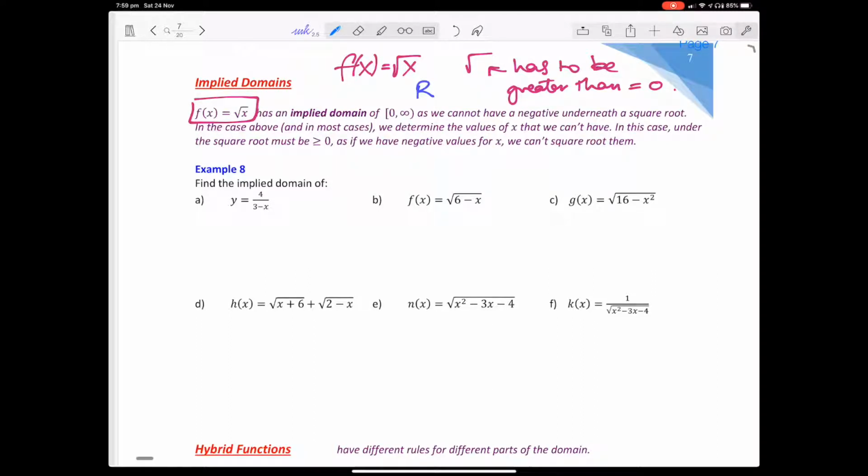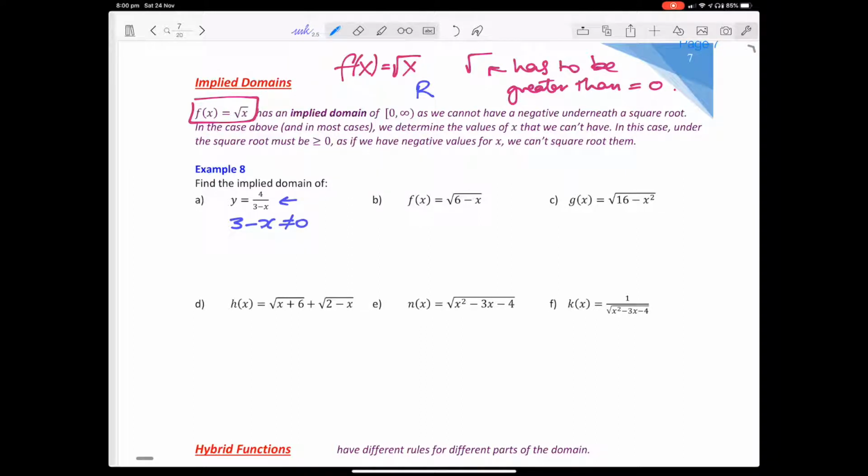Generally what we do when we want to find an implied domain is we find out what we can't have, and then we know what we can use. Now you would have seen a little bit of this before, but if I've got a hyperbola, which we have in this case here, we know that the bottom can't equal 0 because we can't divide by 0.